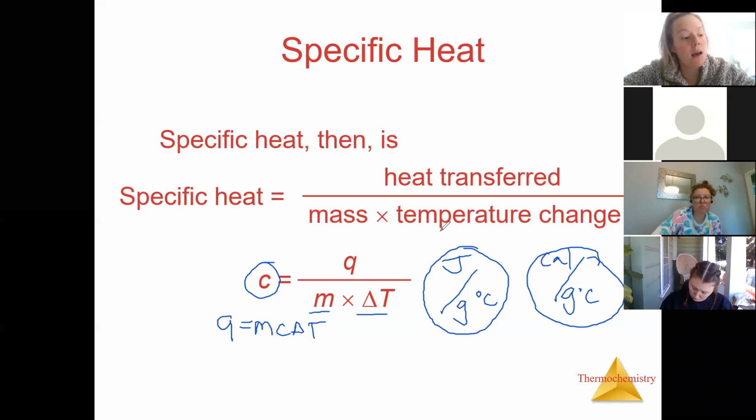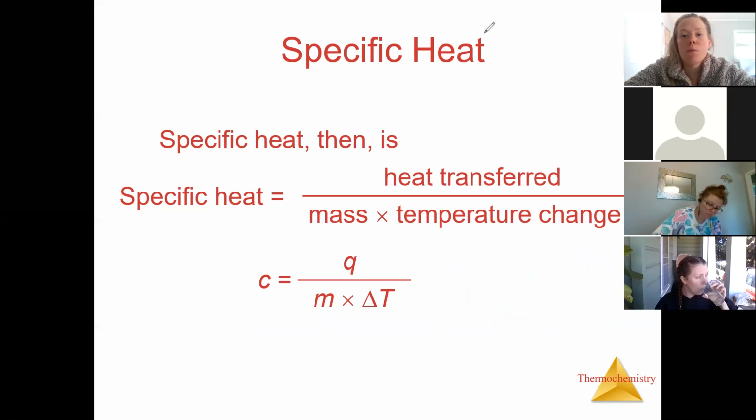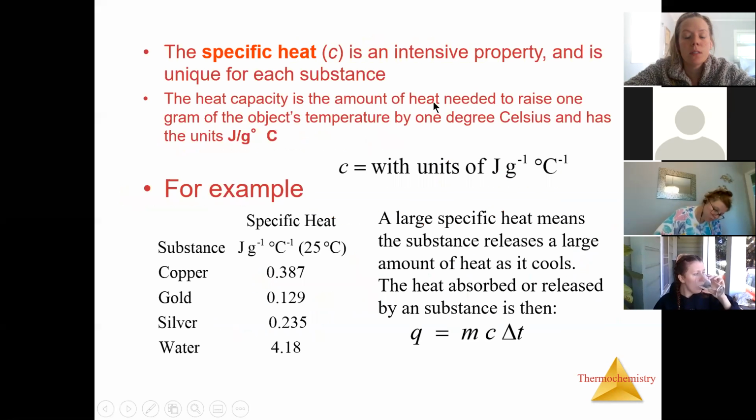And sometimes you will see it as joules per gram Kelvin as well. That one's not quite as common. So Q equals MC times delta T. And there's a couple more slides here where we can go a little bit more into detail.